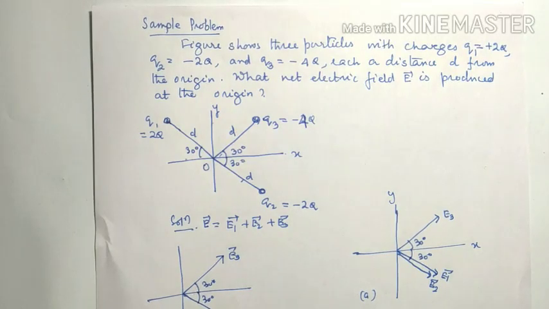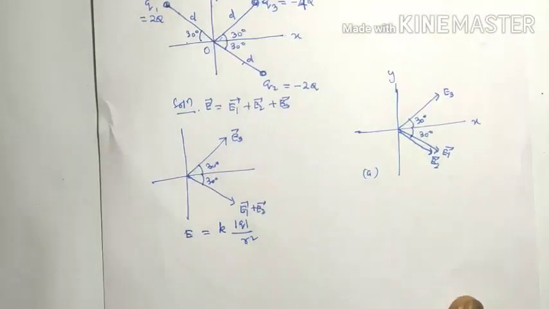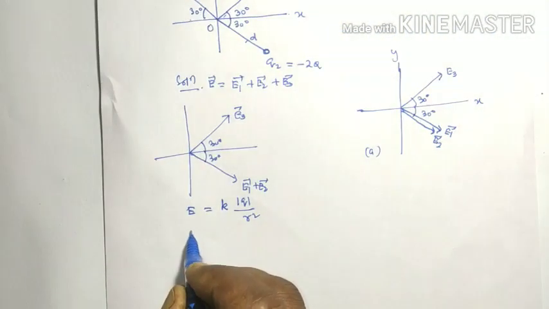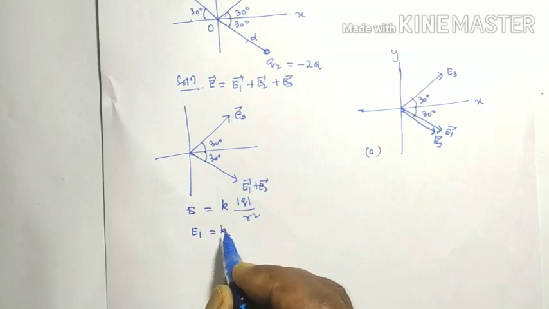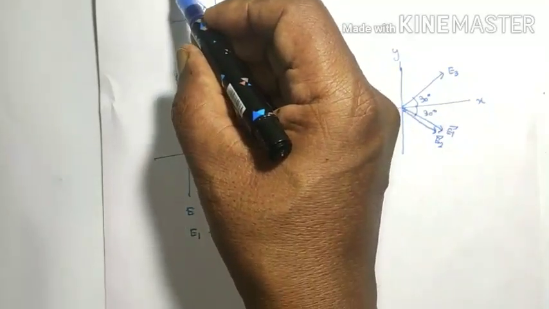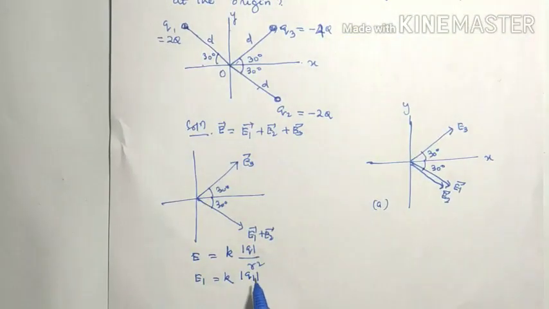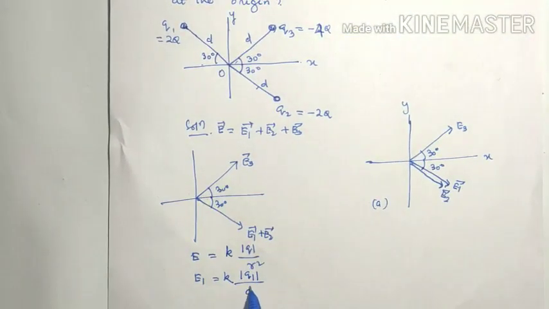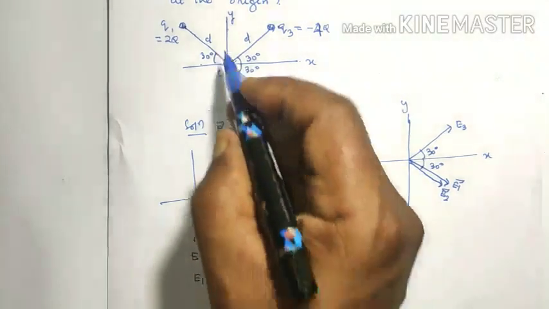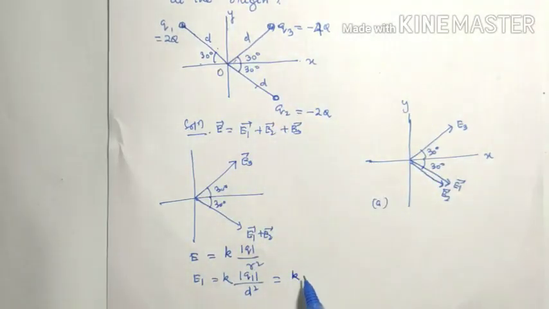We know that electric field E is K times the modulus of Q by r squared. First find E1: E1 equals K times the modulus of Q1, which is 2Q, by d squared, since r is d. So E1 is K 2Q by d squared.